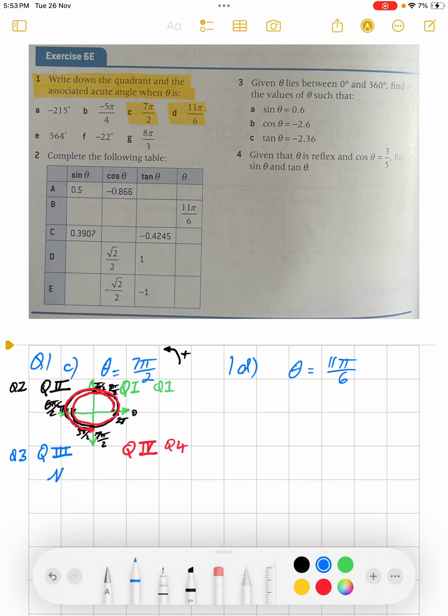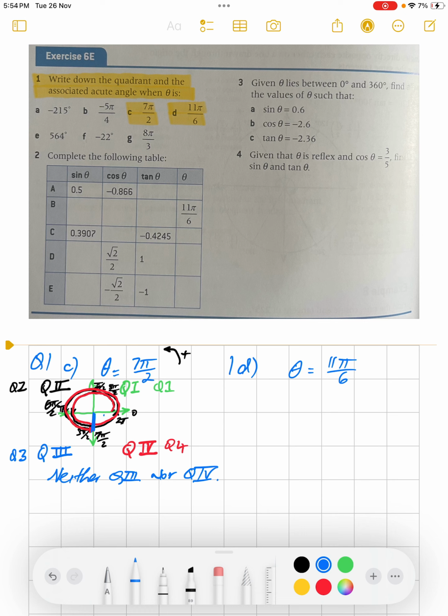Well, it's actually neither quadrant 3 nor quadrant 4. It is in the negative direction on the y-axis. And what is the acute angle? Well, there is no acute angle that we've got, because it's really like 270.